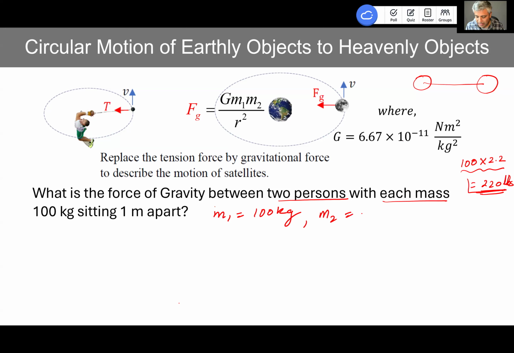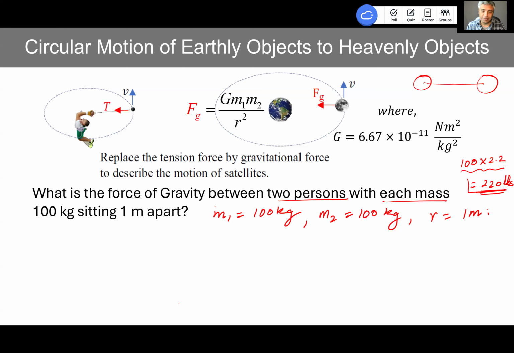So both masses are the same. For convenience, I am keeping both masses the same. And the separation distance is 1 meter, again, for convenience. So now using this formula, we are calculating force. At the same time, we are also learning how to use this formula to calculate force.